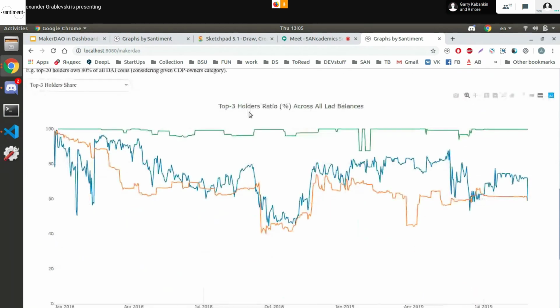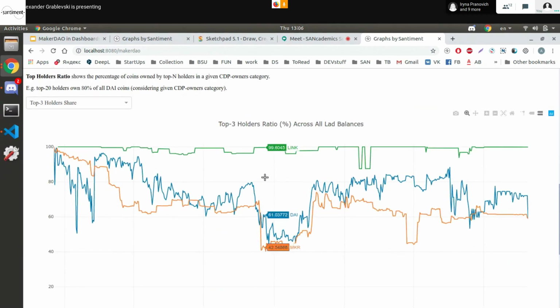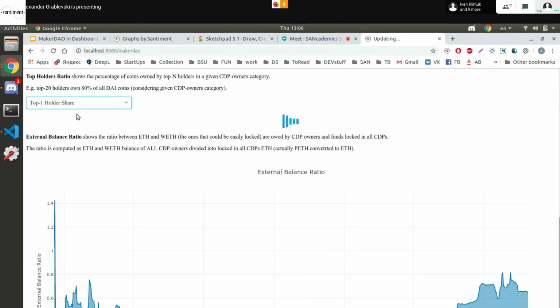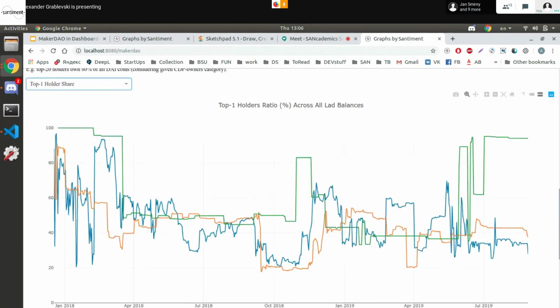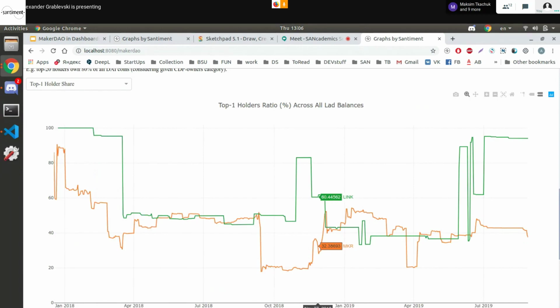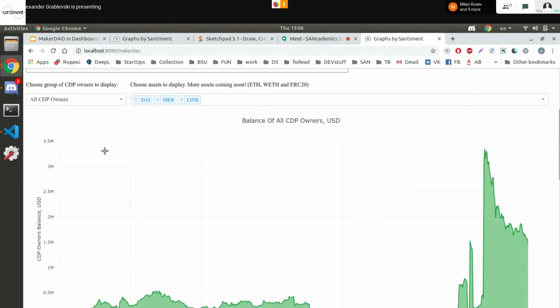And this graph shows you the top holders ratio across all balances. So you see that with this token, LINK, the top one holder holds about 30 to 90% of all LINK tokens held by all of this category.